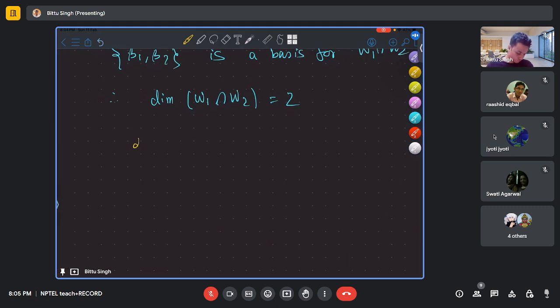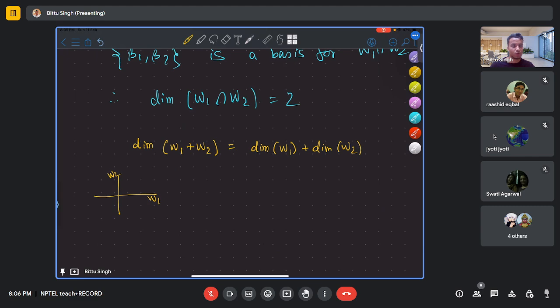There is a theorem which says the dimension of W1 plus W2 is the same as the sum of the dimensions of the individuals, but it may not be true. For example, in R2, take W1 as the x-axis and W2 as the y-axis.